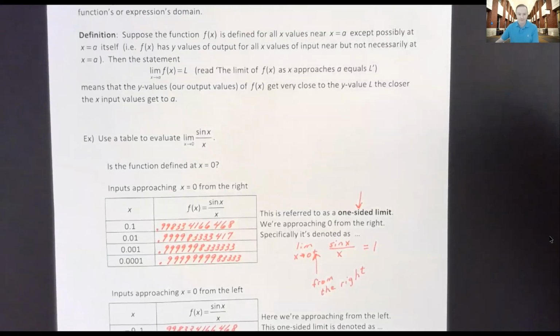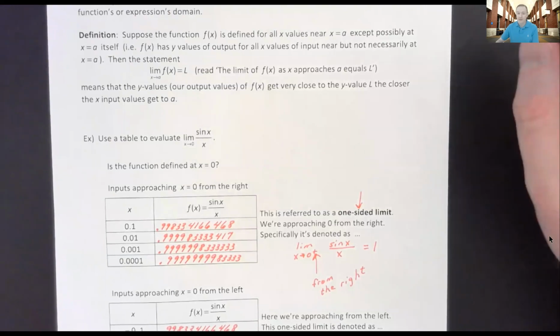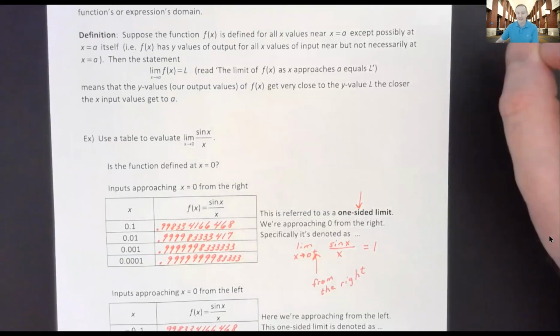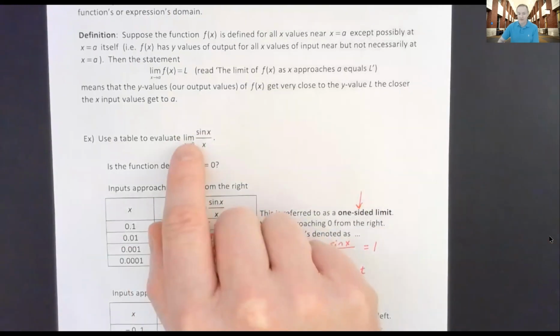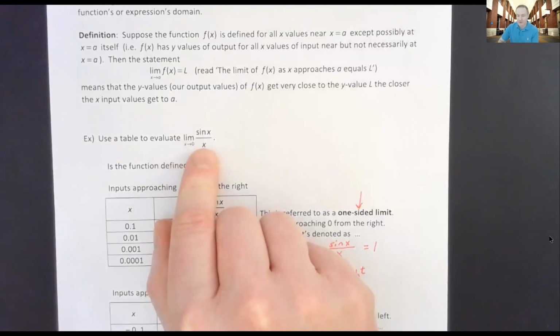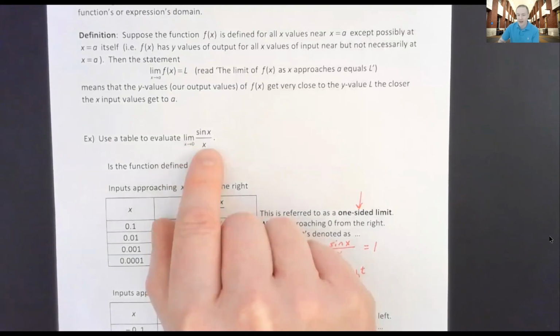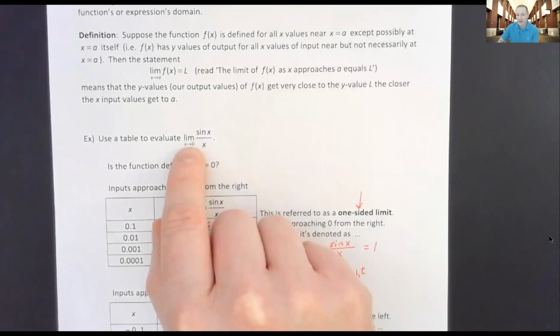So you'd say, okay, this function is undefined at 0. What I need you to remember, though, is that is completely irrelevant to the answer of this question. Yes, f of 0 is undefined, but what's the limit as x approaches 0? This is not necessarily asking us what f of 0 is. It's asking us what happens as I approach 0 from the left or 0 from the right.